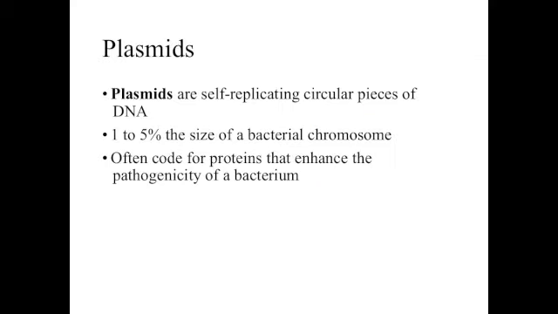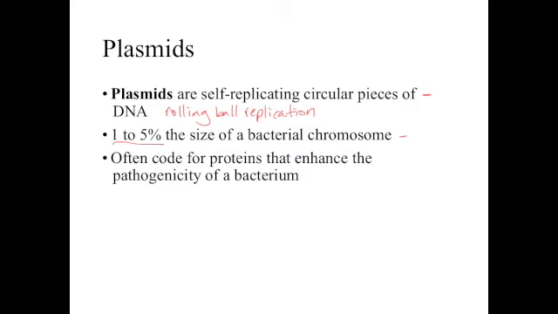Now, I know you've learned about plasmids in your intro biology classes, and you already know that they are very small, self-replicating circular pieces of DNA. In fact, we just went over how they replicate by that rolling ball replication rather than the usual chromosomal DNA replication. They are very small. They're anywhere between 1 and 5% of the size of a bacterial chromosome.